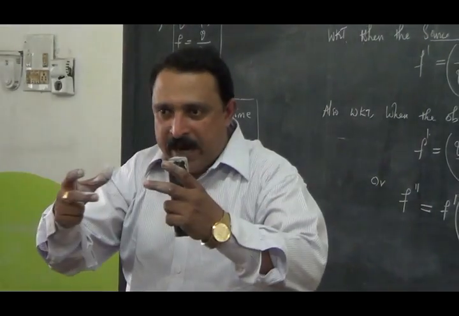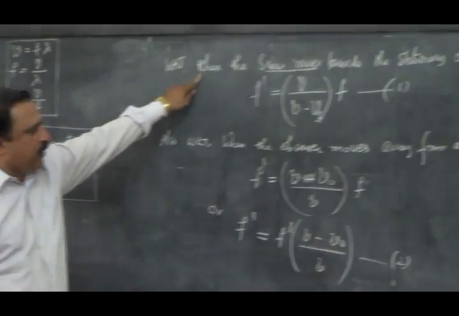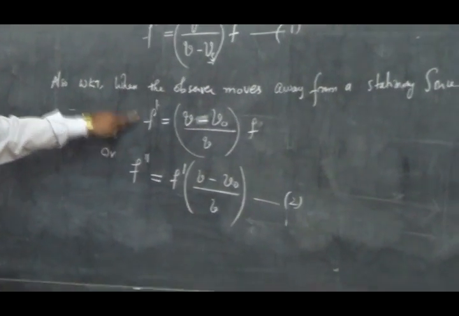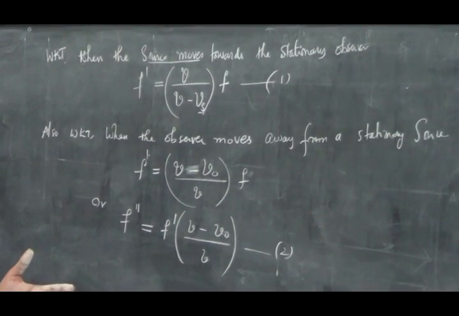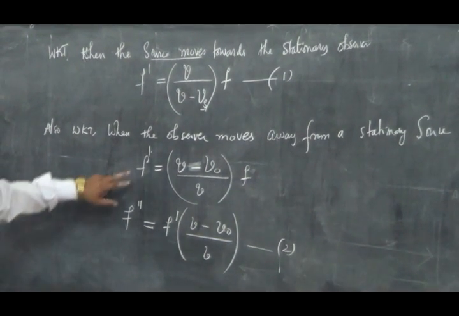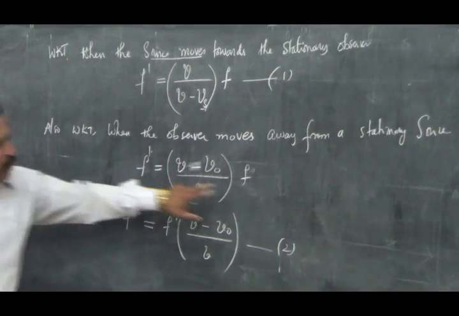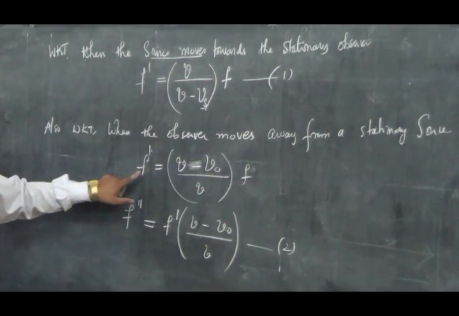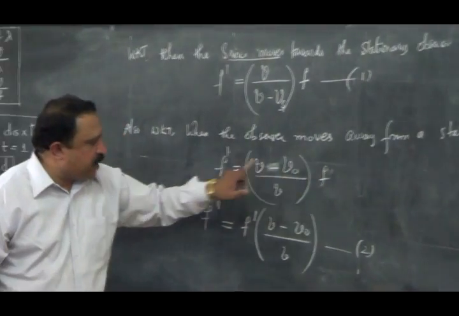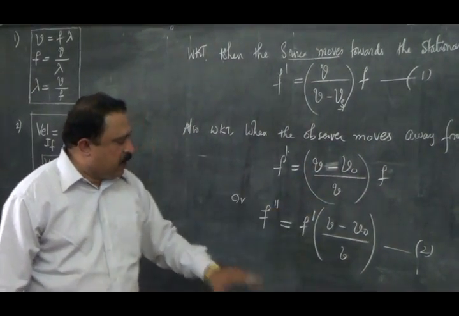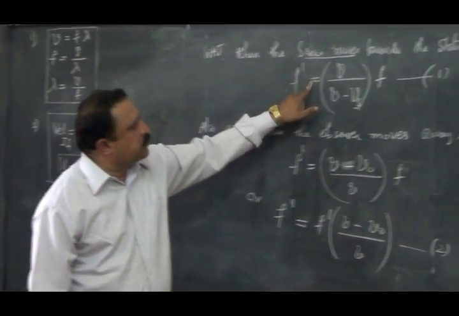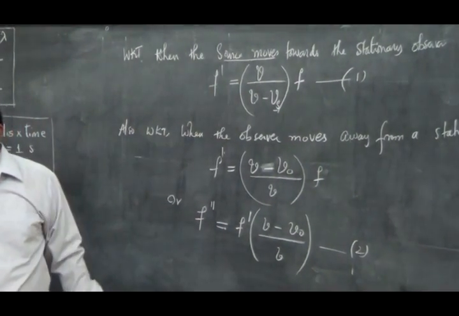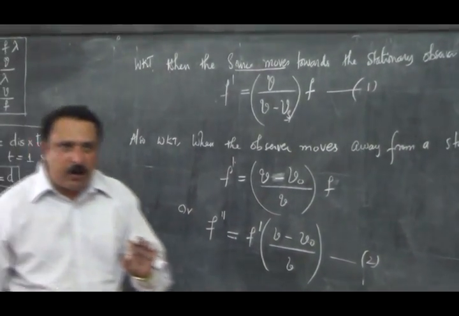Case 3, when both of them are moving. Here one is moving, here another is moving, and I combine both. So to develop a relationship between the two, I make a small change in notation: F2 dash equals F dash (V minus V naught) by V. To combine these two, in place of F dash you substitute this value, and you will get the final form. You catch my point? Yes.